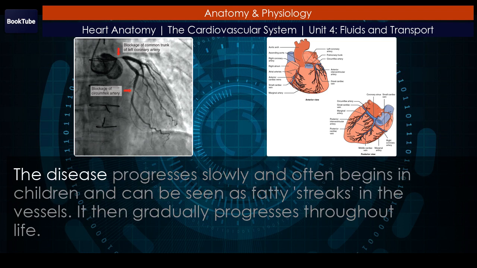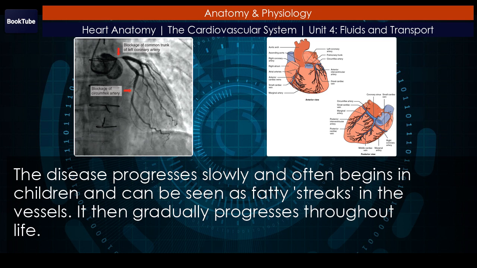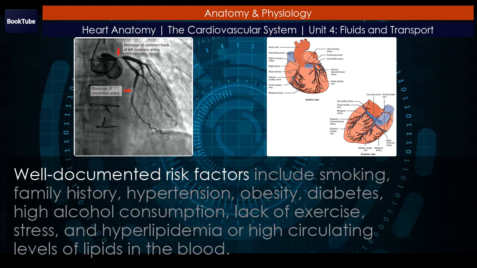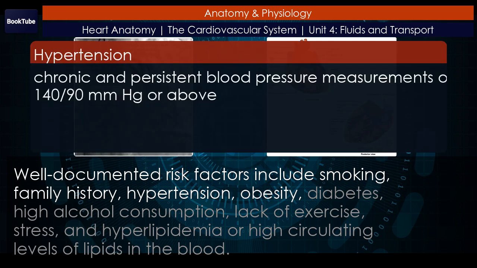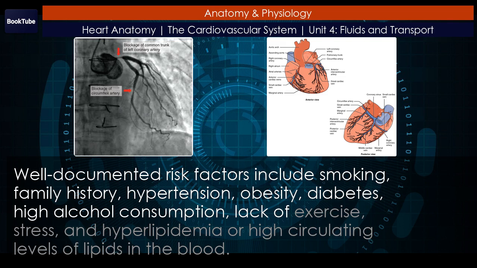The disease progresses slowly and often begins in children and can be seen as fatty streaks in the vessels. It then gradually progresses throughout life. Well-documented risk factors include smoking, family history, hypertension, obesity, diabetes, high alcohol consumption, lack of exercise, stress, and hyperlipidemia or high circulating levels of lipids in the blood.